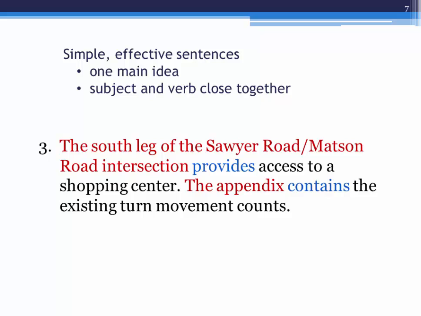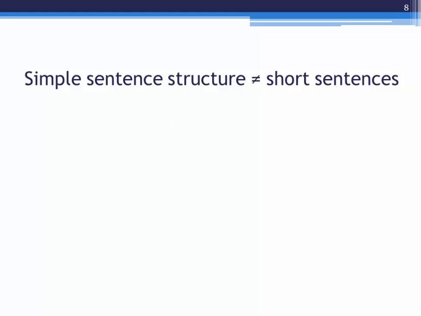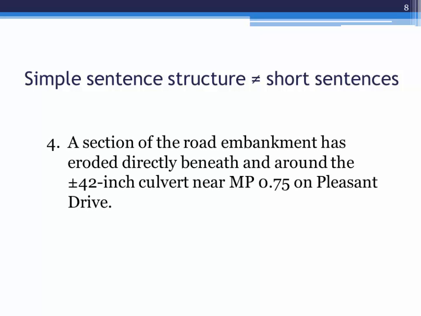If you couldn't identify the subjects and verbs in these sentences, or if you just need a review of what makes a complete sentence, you should use our Grammar and Mechanics Lesson 1, which reviews the basic parts of a sentence. I mentioned earlier that simple sentence structure doesn't always mean a short sentence. Read over sentence 4.